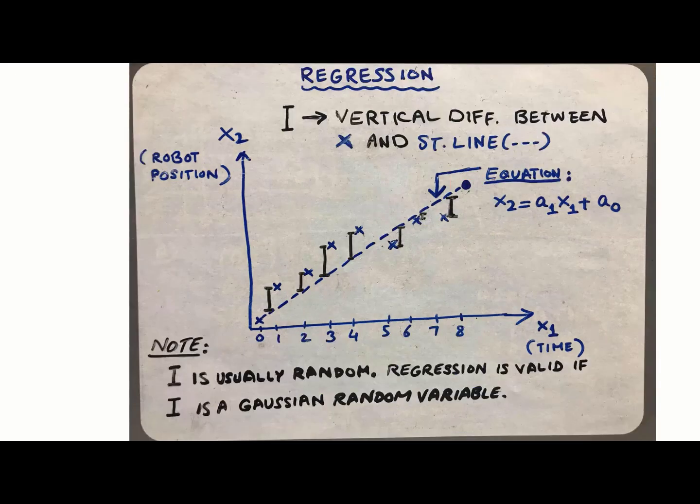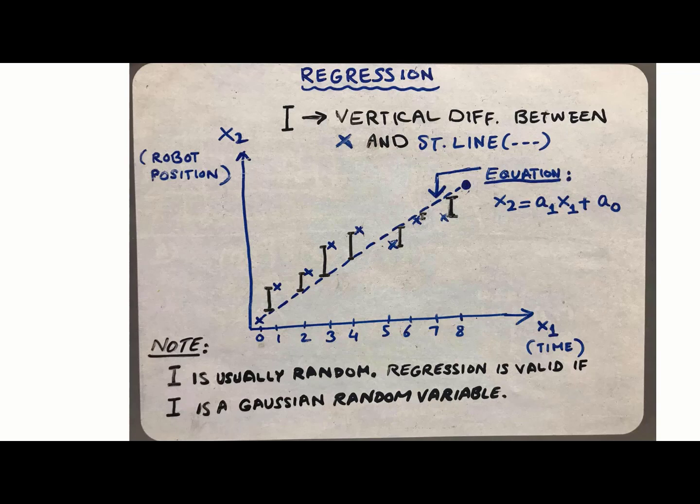An important assumption behind regression is that the pointwise difference between the fitted line and the data points is distributed according to a Gaussian random variable. Again, you can see the vertical bars on the graph.